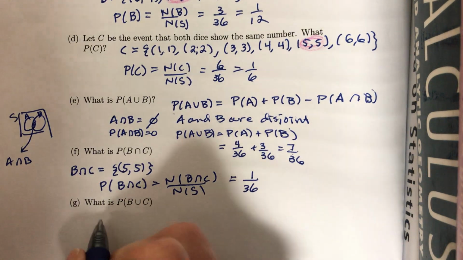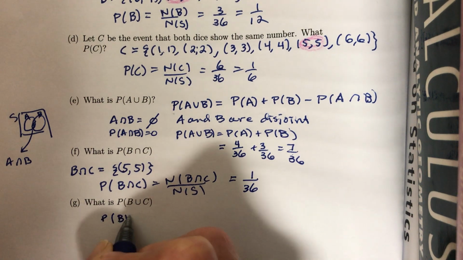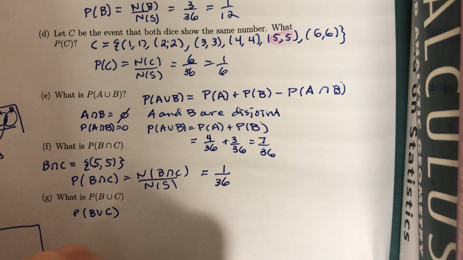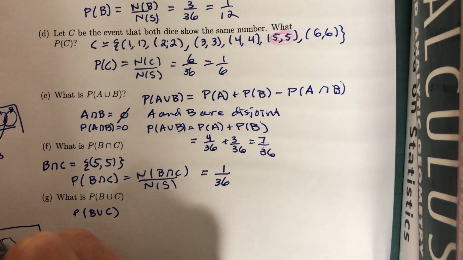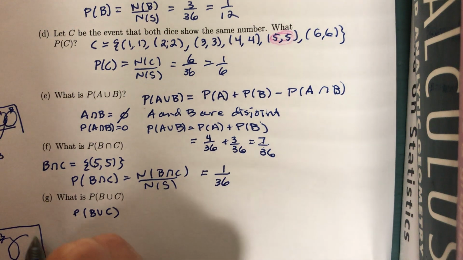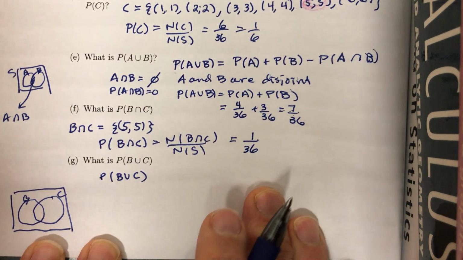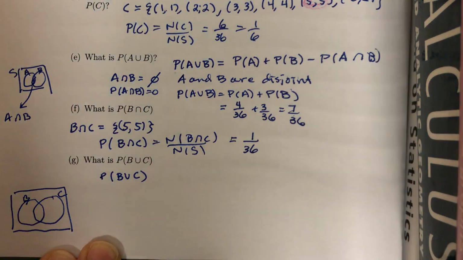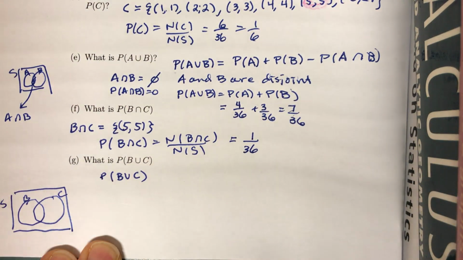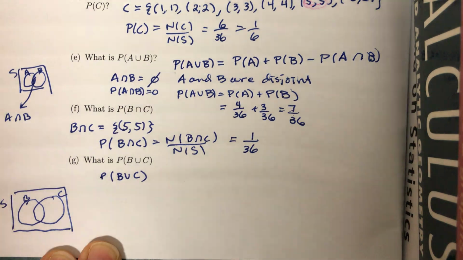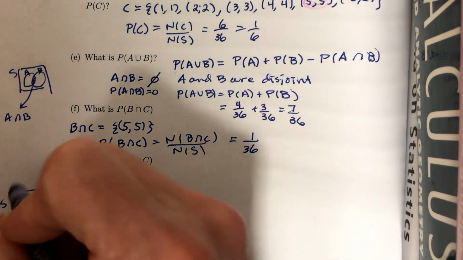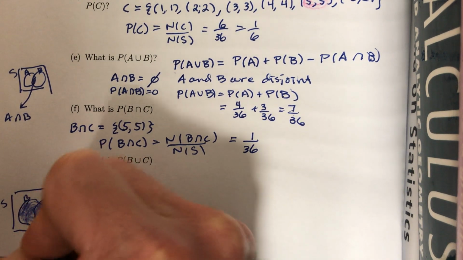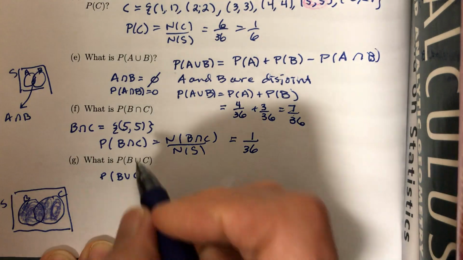Now, to get the probability of B union C, let's just remind ourselves what union means. Here's B and here's C. What's the union? And this is all sitting in the sample space S. The union is things that are in B, they're in C, and they're in both B and C. And we'll use the formula.